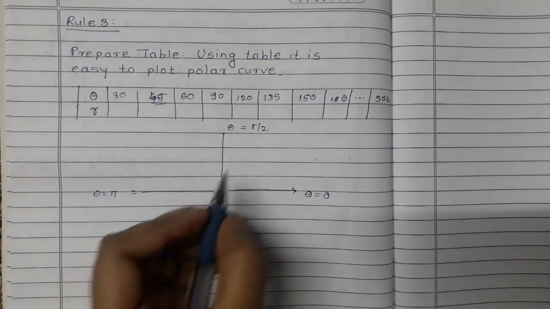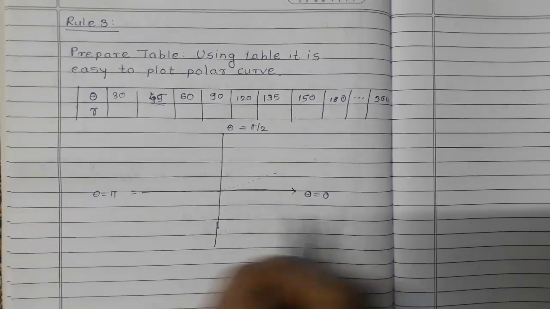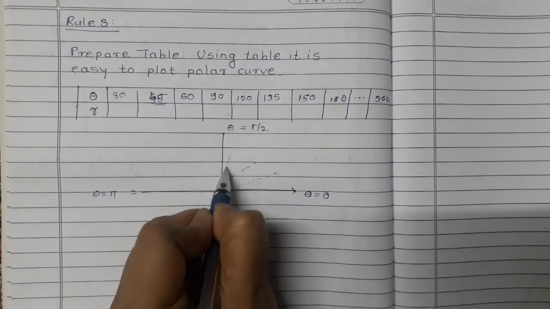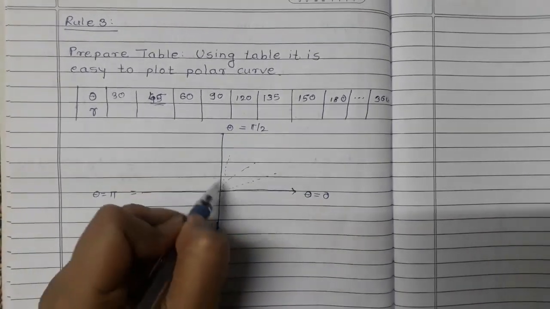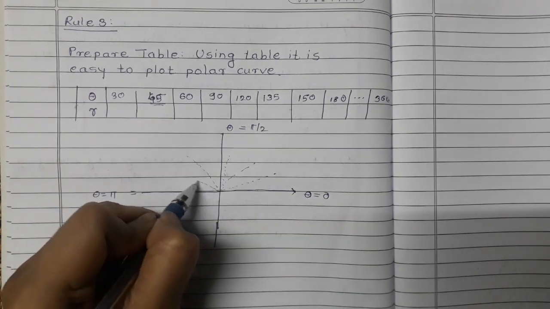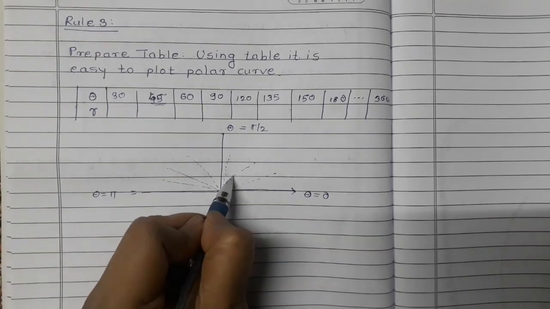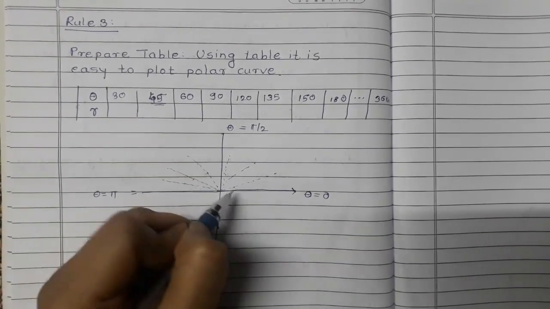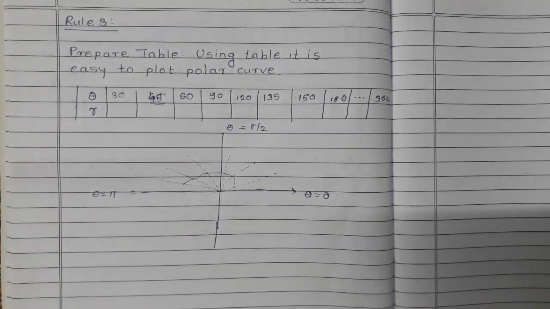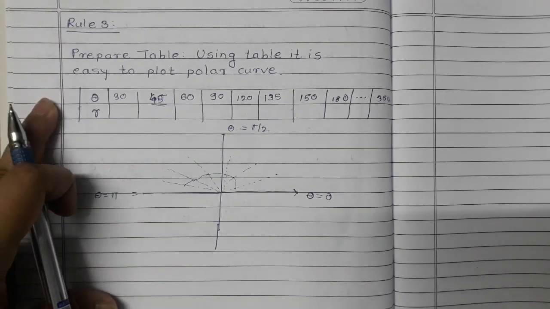So see, this is say 30 degree, say this is 45, say this is 60, this is 90, then say this is 120, this is 135, then 150, and when you plot points here, straight away you can join these points to draw the curve. So this rule is extremely important.